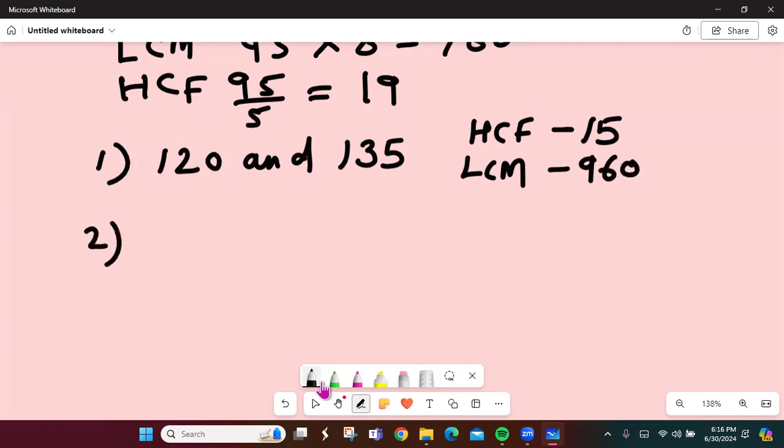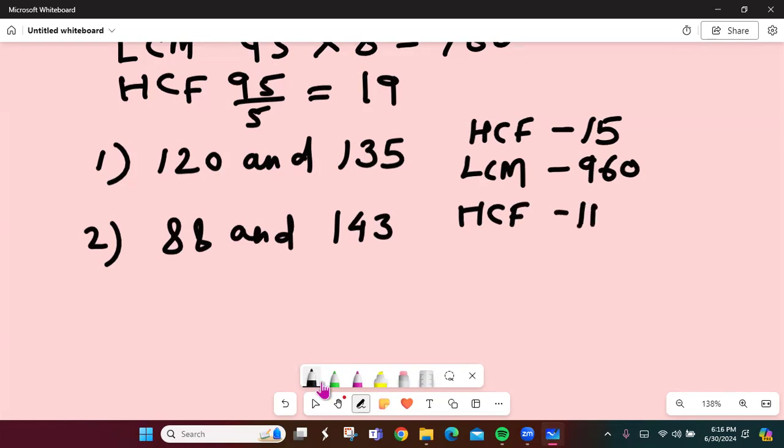And then take the second problem, 88 and 143. Now in this case, the HCF will be 11 and LCM will be 1144.